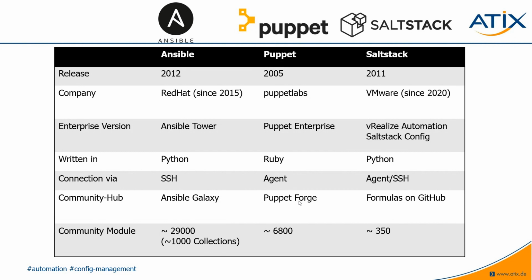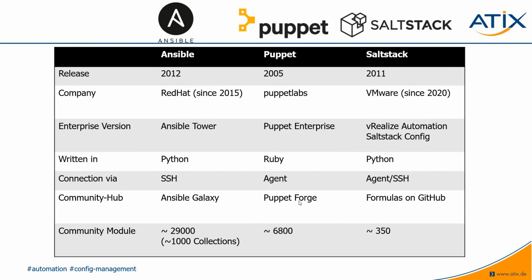And then we have the first differences: how those tools connect to the target host. With Ansible, this is done via SSH. So Ansible pushes the configuration to the target host, and on the target host, in the end, some Python scripts are executed to configure everything. Puppet has a different approach.